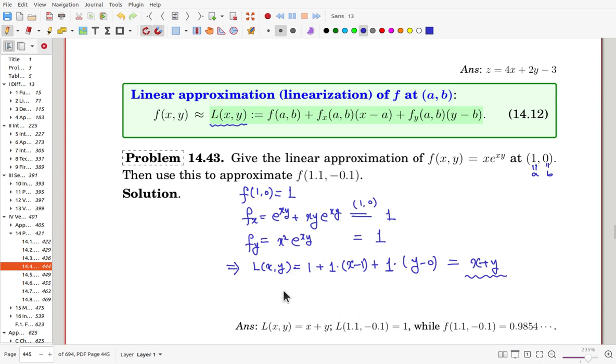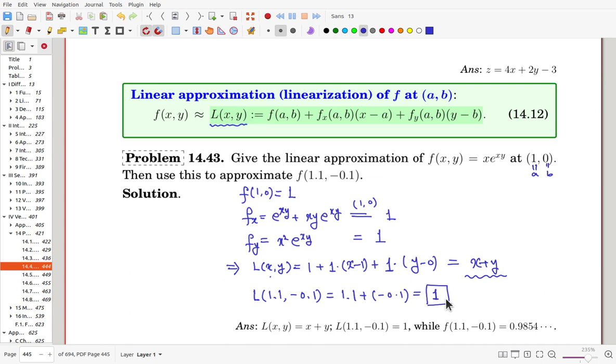Now we approximate the function value using this one, so L of (1.1, minus 0.1) is just the addition of 1.1 and minus 0.1, which is just 1. So the approximate value is 1.